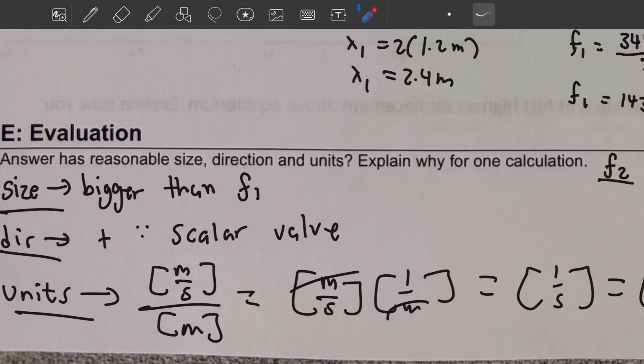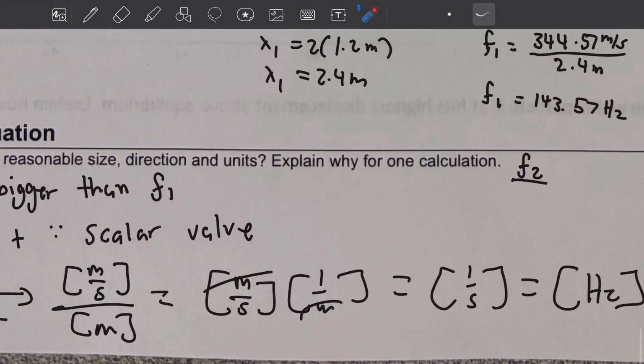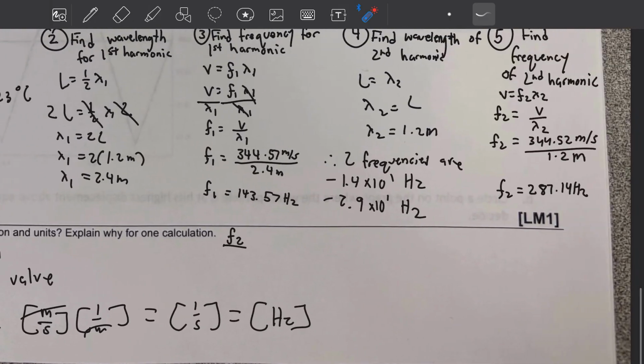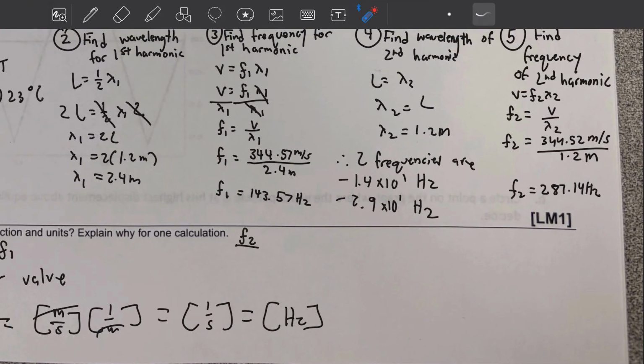Now that's the same thing as multiplying meters over second by 1 over meters. And I think that's much easier to understand, because that way you can clearly see how the meters are being canceled out. Afterwards is just 1 over seconds, which is equivalent to hertz. And that makes sense because our answer is a frequency, and frequency's unit is hertz.